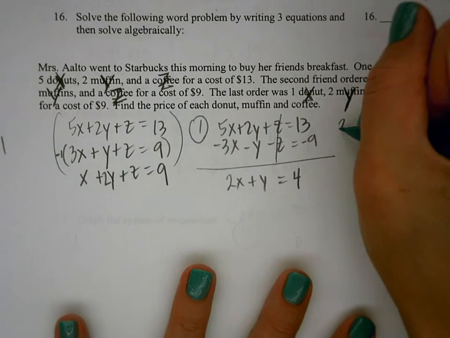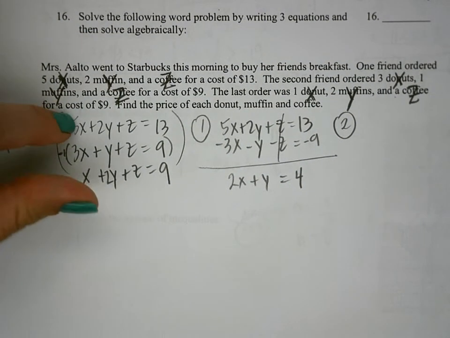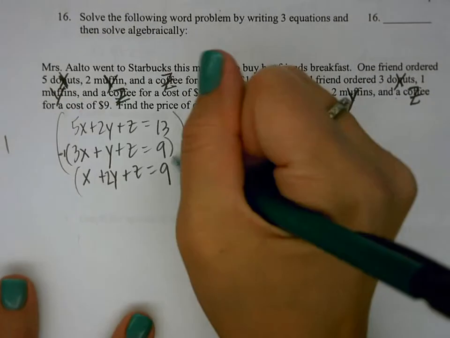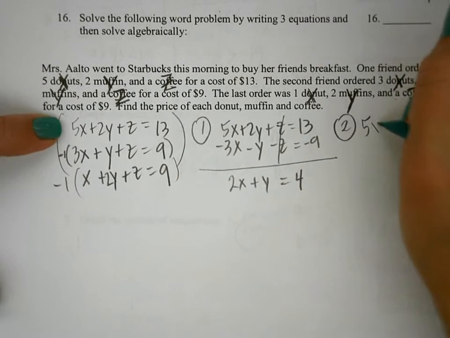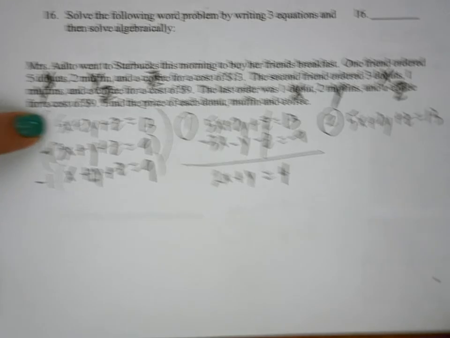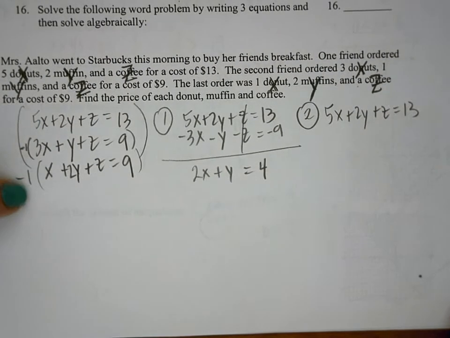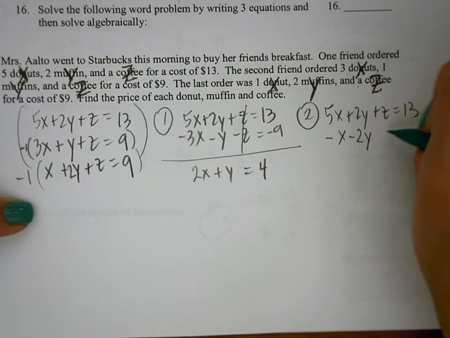Second step. I'm going to do the first one and the last one, but I'm going to multiply the last one also by a -1. So I'm going to rewrite 5x plus 2y plus z equals 13. And then when I multiply this last one by -1, I get -x minus 2y minus z equals 9.